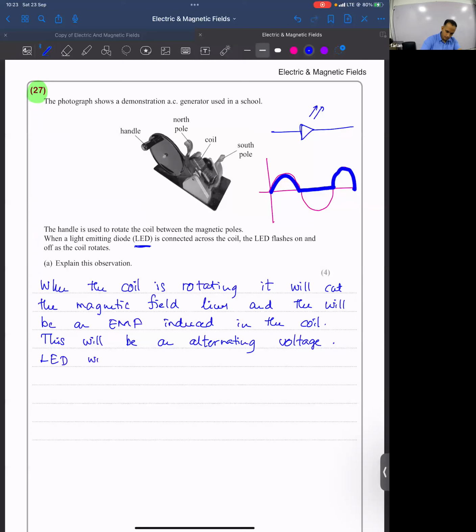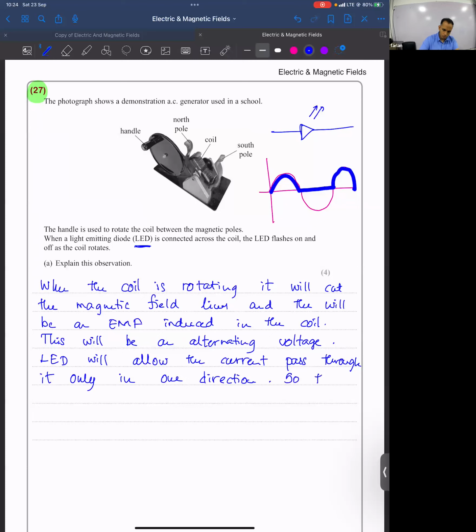The LED will allow the current to pass through it only in one direction. Full stop.